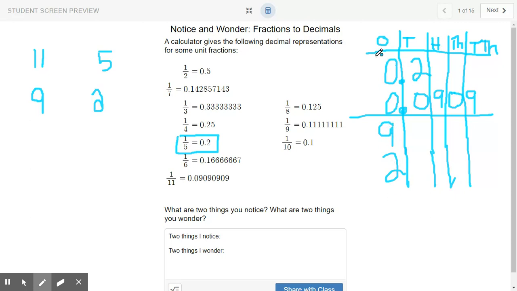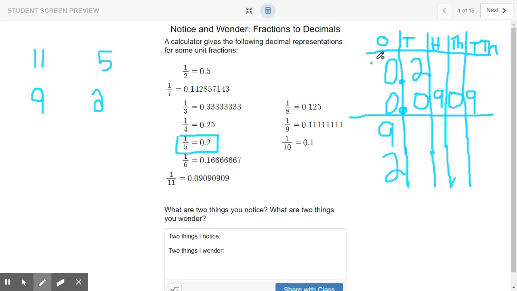Now, here, if we're just comparing these two up here, they both have 0 ones. We go to the tenths now. Well, this one has 2 tenths and this one has 0 tenths. So even though there's a 9 here and it's longer, this doesn't matter because these 2 tenths are more than this number, which doesn't even have a tenth.